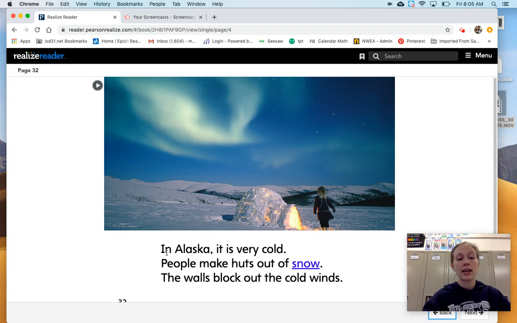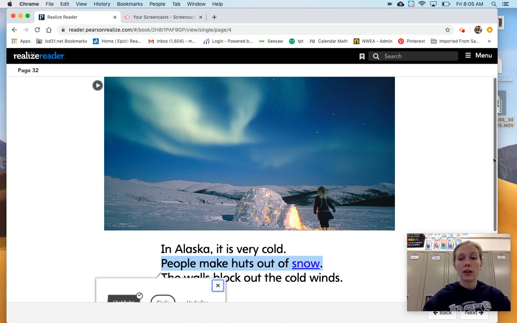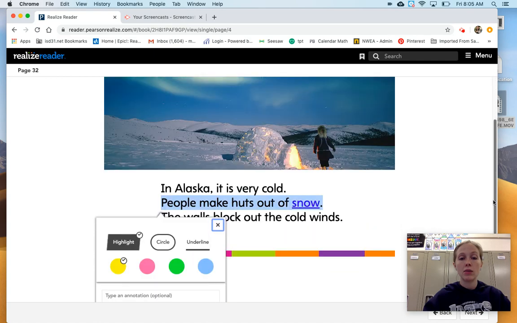The words say, in Alaska, it is very cold. People make huts out of snow. The walls block out the cold winds. So how do those people live in the very cold? The people make huts out of snow. Go ahead and underline that sentence. People make huts out of snow.